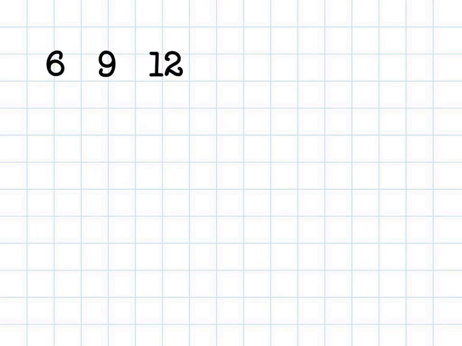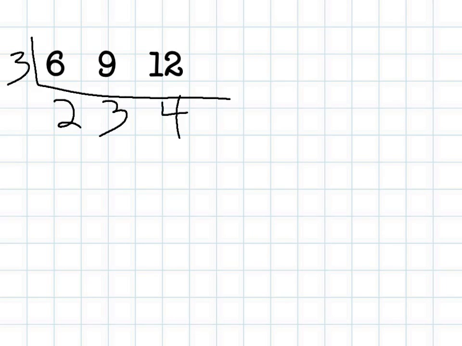Okay, here's the last one that has a little bit of a catch to it. For 6, 9, and 12. Do your factor ladder. The first prime number that goes into 6, 9, and 12 is 3. Well, 3 goes into 6 2 times, 3 goes into 9 3 times, 3 goes into 12 4 times. Now, at this time, there is no number that goes into all 3 numbers.